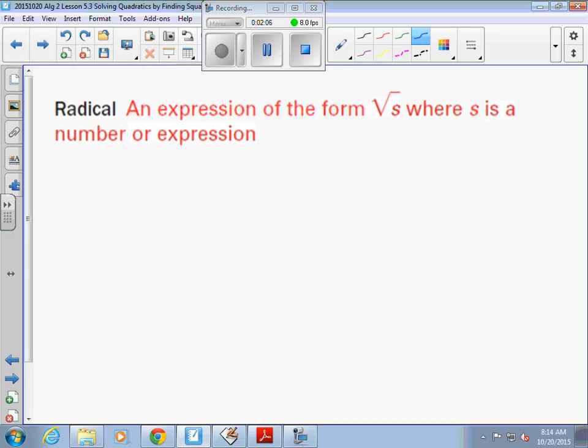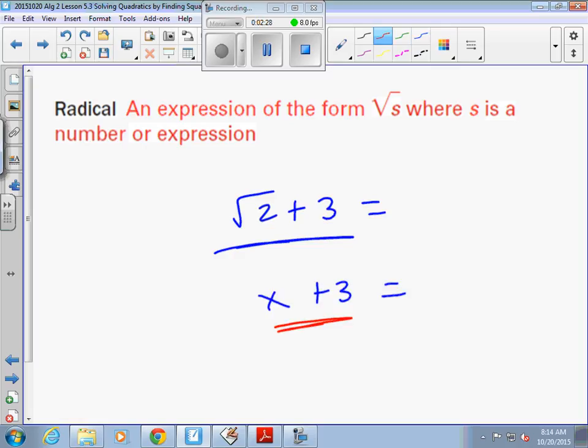So the square root of s, that entire part of the expression, is the radical. And if something has a radical in it, it is considered a radical expression. The square root of 2 plus 3 equals whatever. This is a radical expression because it has a radical in it. Just like x plus 3 equals something, this is a variable expression because it has a variable in it.